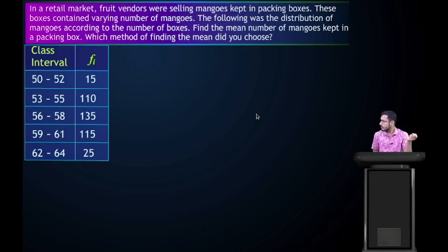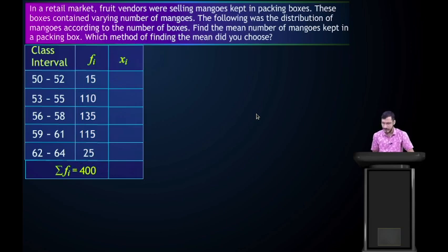So which method of finding the mean did you choose, students? According to the data we can choose any method. Now here first we find x_i. The formula of x_i, how can we find x_i? It's pretty simple.